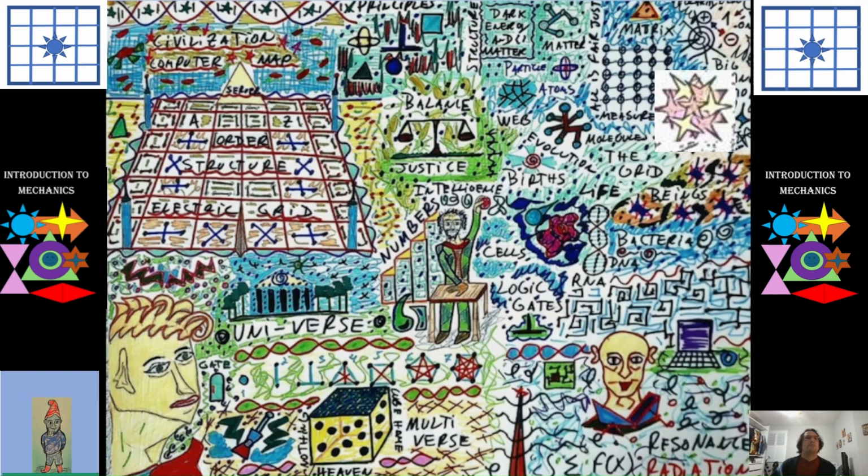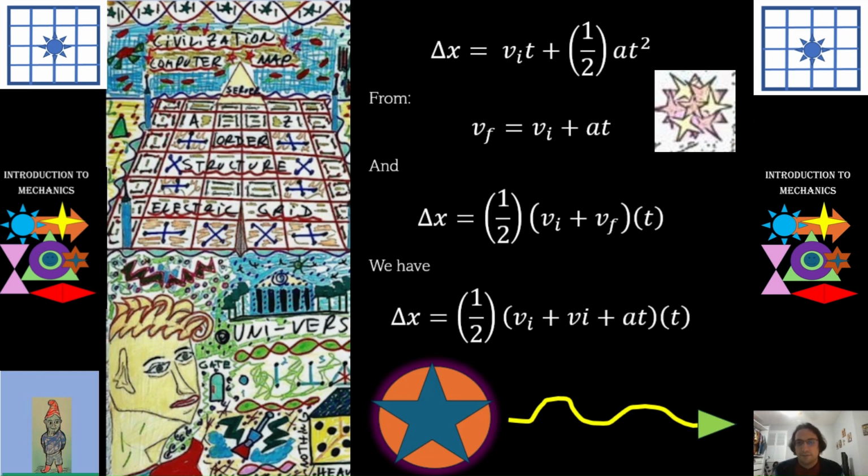Now another equation we have is delta x, which is the displacement. The triangle symbol is the Greek letter delta. Delta x equals v initial times time plus 1/2 acceleration times time squared.